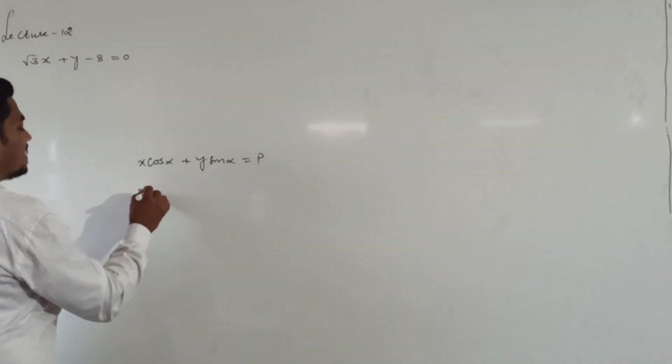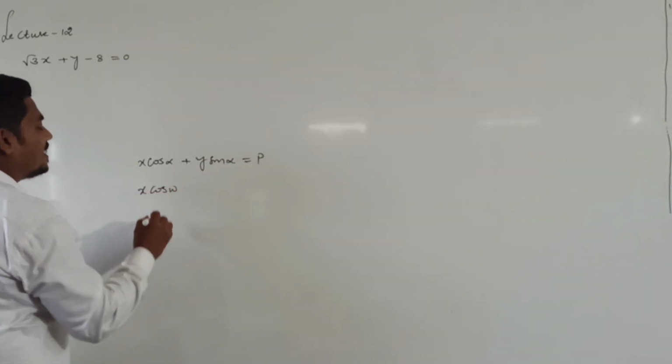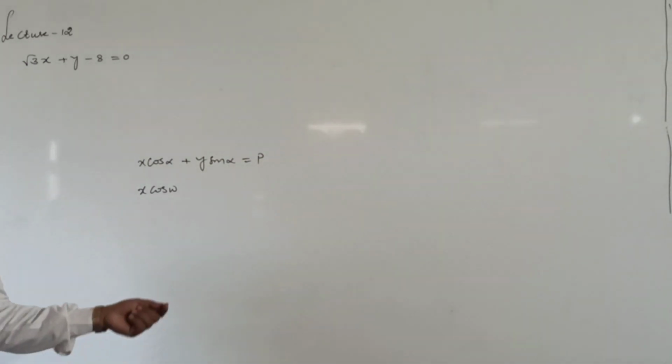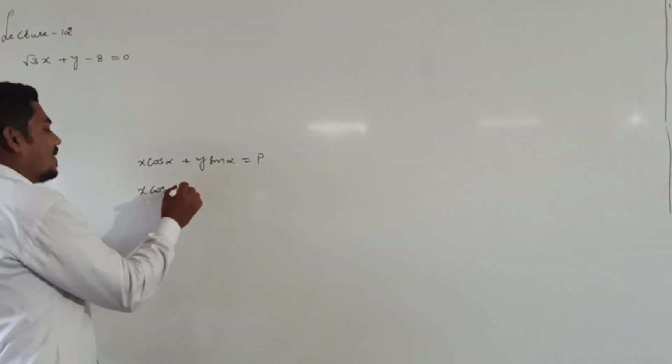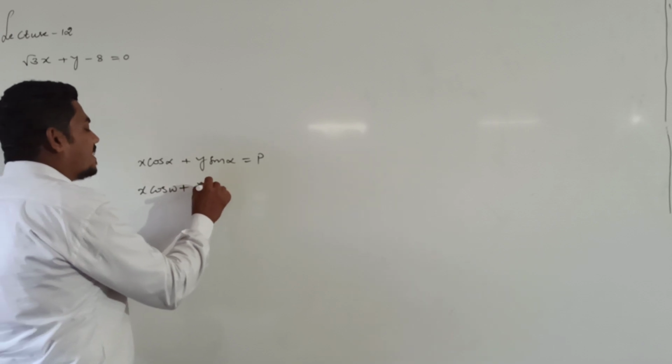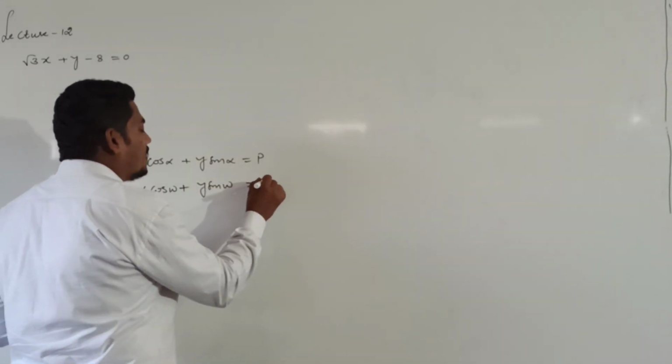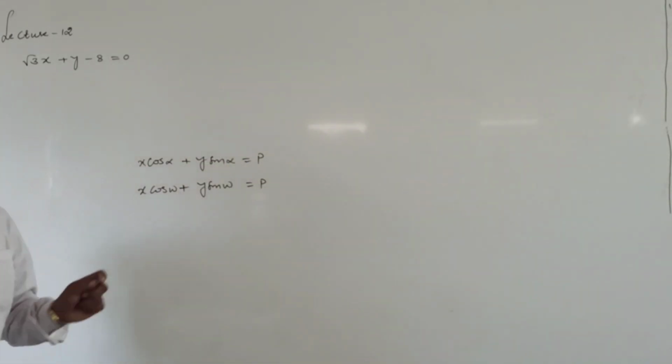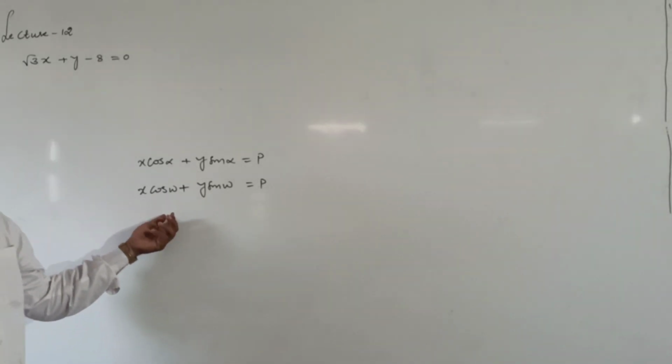In the textbook notation, omega is used instead of alpha: x cos omega plus y sin omega is equal to p.